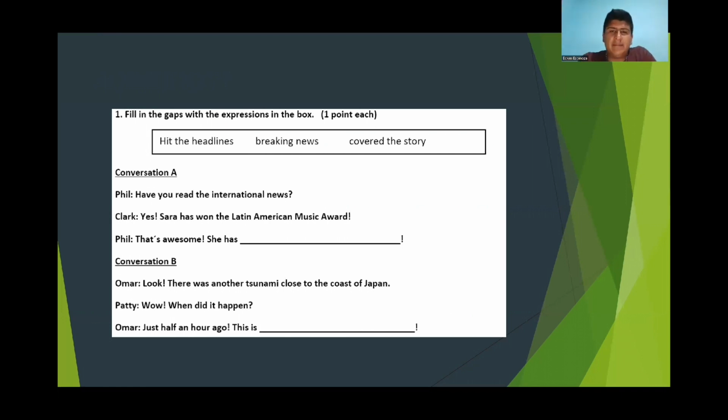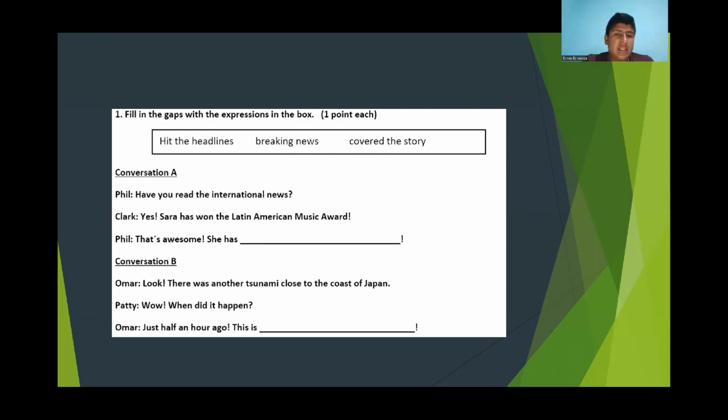They have the options in the upper part, and they have to choose only two of the three options that I give them. The topic in this case is the Latin American Music Awards, which is about current events of popular people in the world, artists or something important for them.